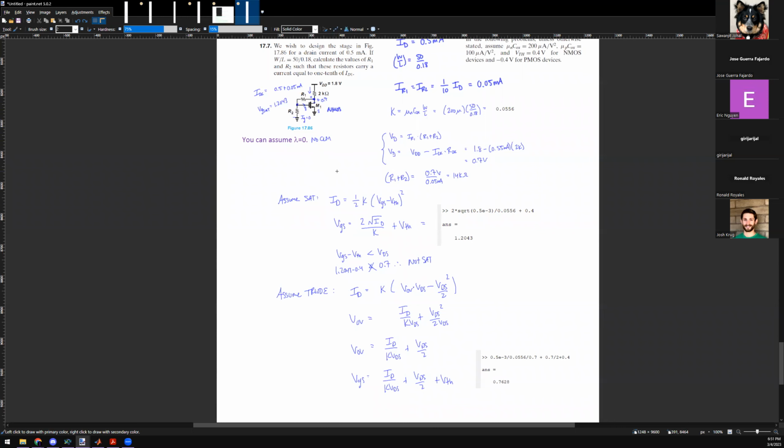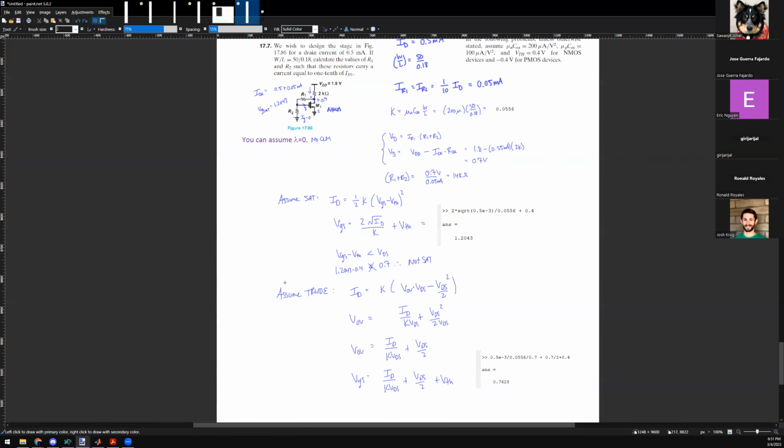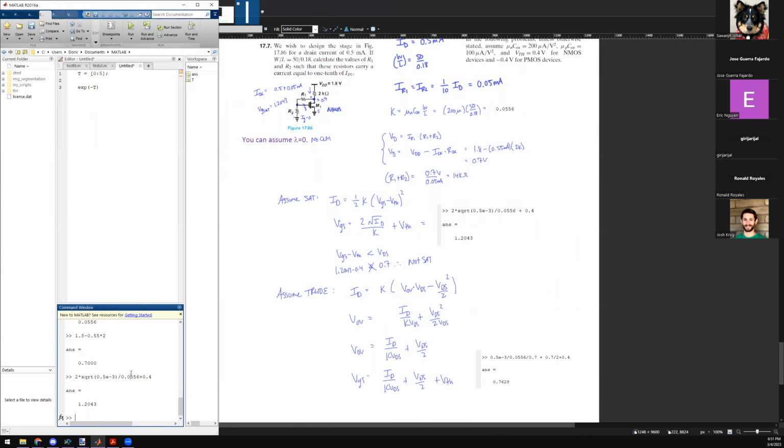And then the triode region should say VGS minus VT. VGS minus VT.